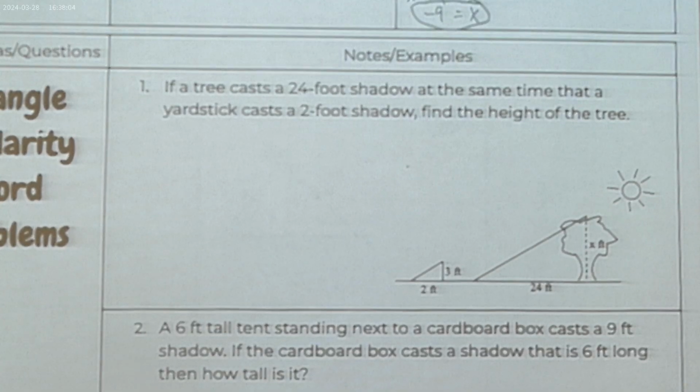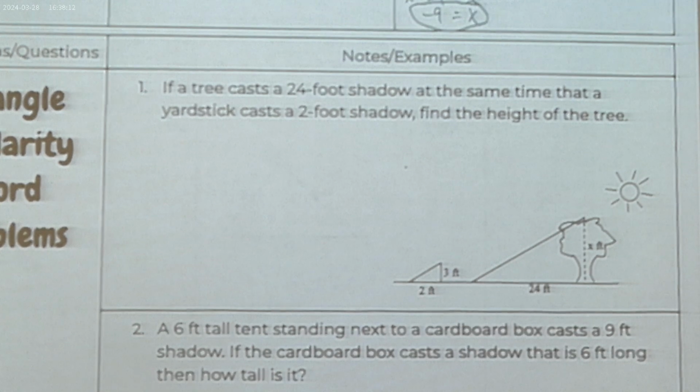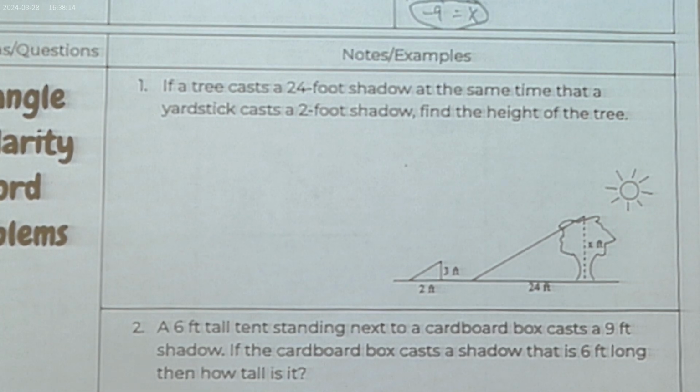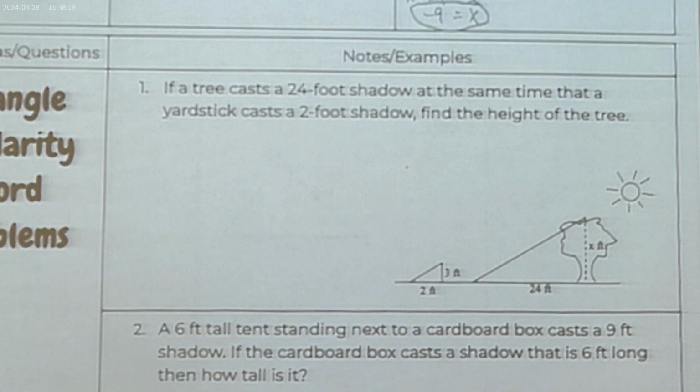All right, let's see. If a tree casts a 24-foot shadow at the same time that the yardstick casts a 2-inch shadow, find the height of the tree. Well, this is just basic submarine periscope readings, 101. However, the way that we did it in Subfleet was we used sine angles and sine identities in order to do the math quickly. Now we just basically have to set up a proportion.